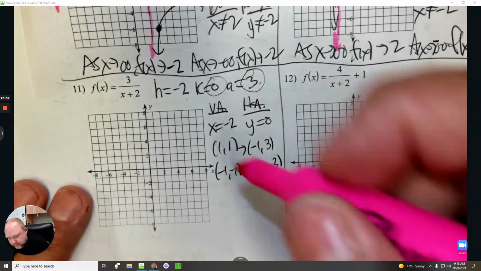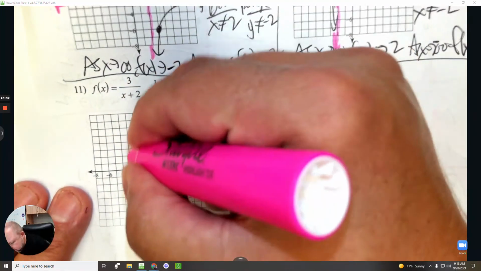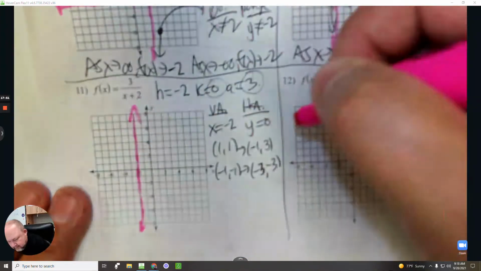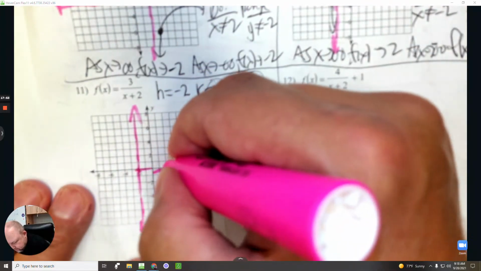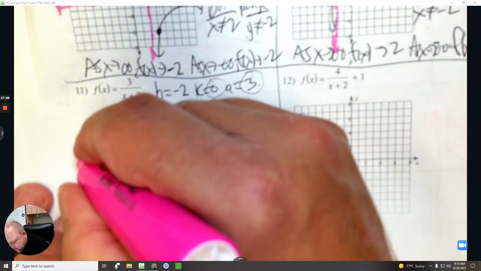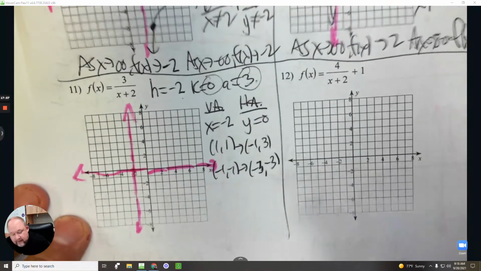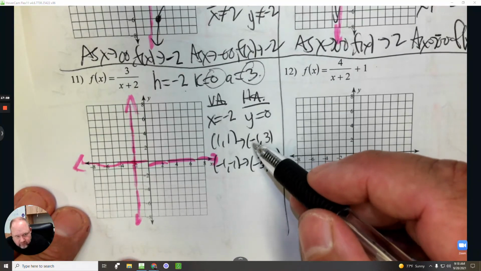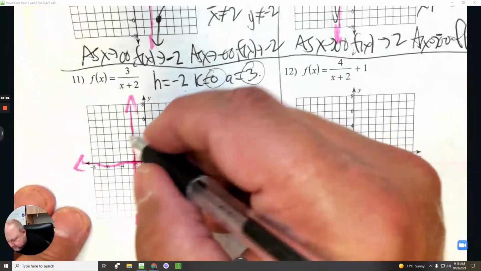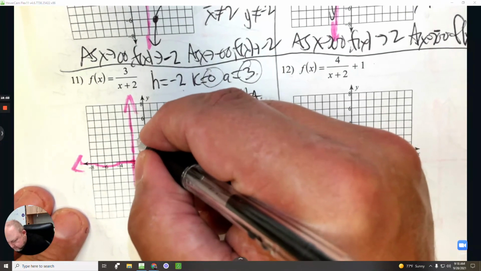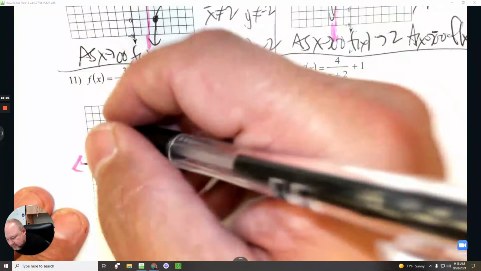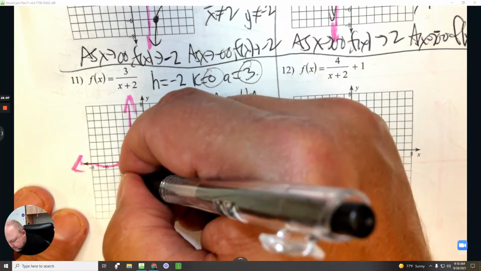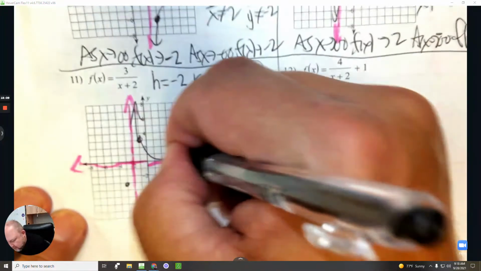And then I'm going to put those points down. And the asymptotes. So negative 2 and 0. Then I'm going to plot. So negative 1, 3. And negative 3, negative 3. And then draw the curve.